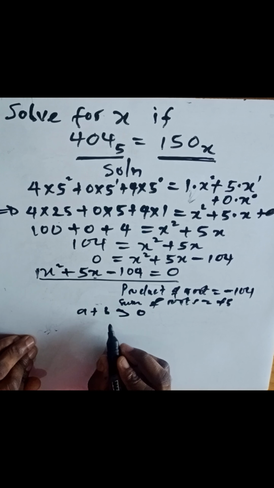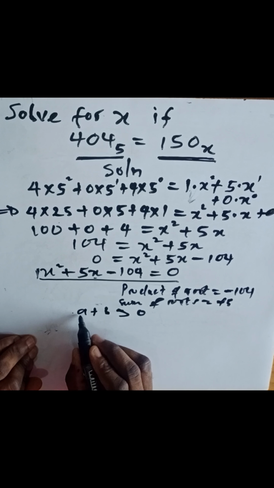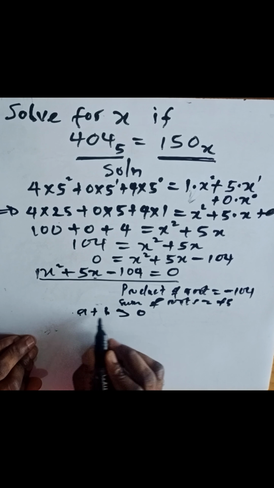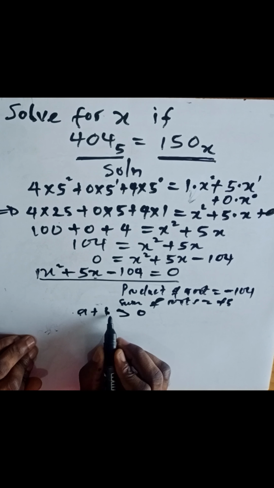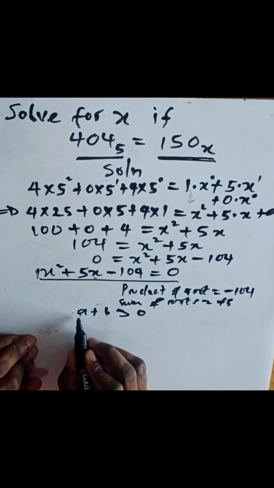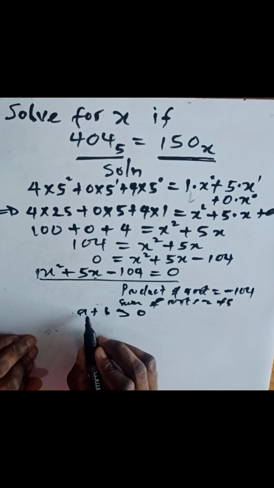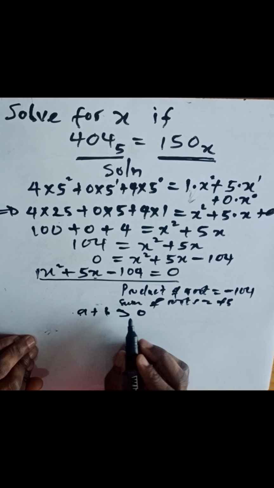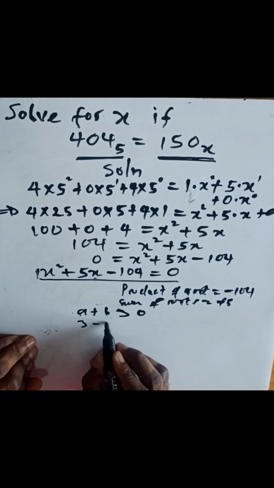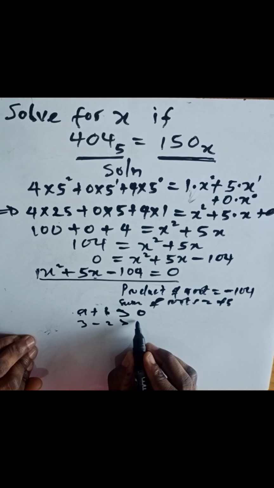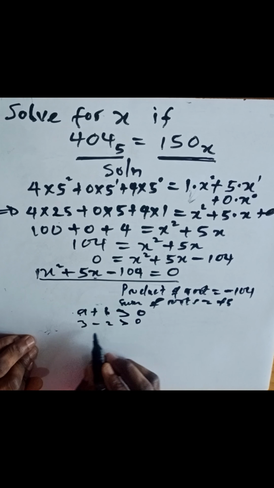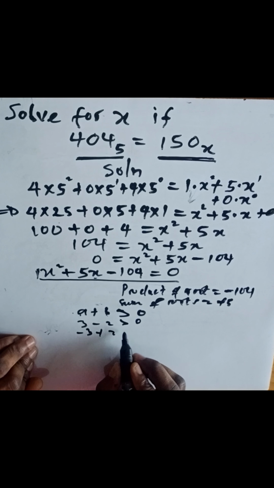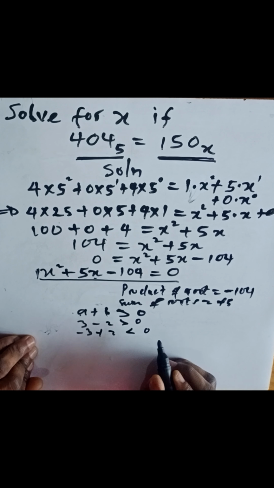It means that either both a and b are positive, or if one is negative, the one that is positive is more of magnitude than the one that is negative. Like let's say 3, if you say 3 minus 2, your answer will be greater than 0, which is 1, right? But if you say 2 minus 3, that will be less than 0, which is minus 1.